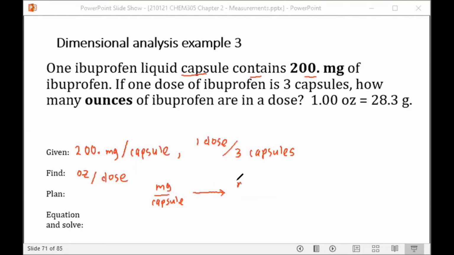So we want to go from milligrams per capsule to milligrams per dose. And we're going to use this given information as the conversion factor between capsules and doses.